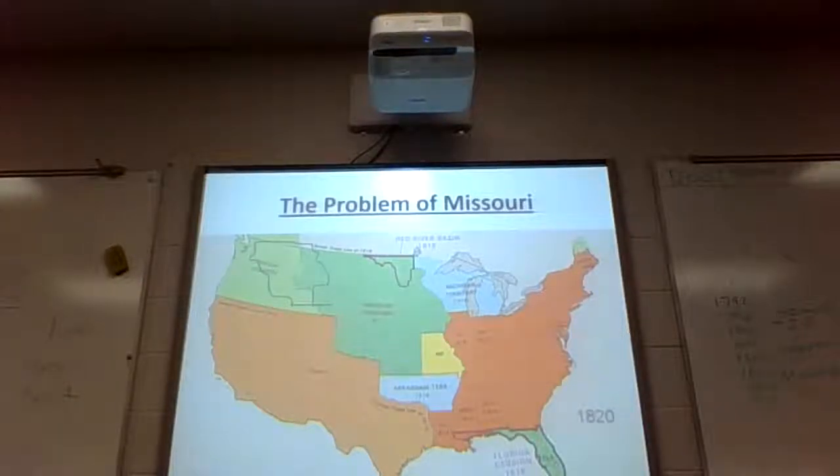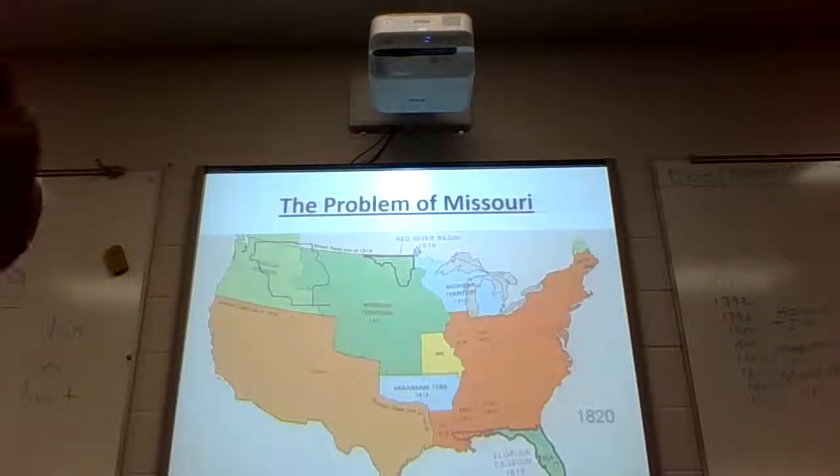And the problem was this. If Missouri joins as a slave state, there will be more slave states than free states. So what's the big deal? Abolitionists are not happy. Very good, that's true. Slave states overpower in Congress. Why? Because there's more of them, they have more votes. In what legislative body? In the Senate.